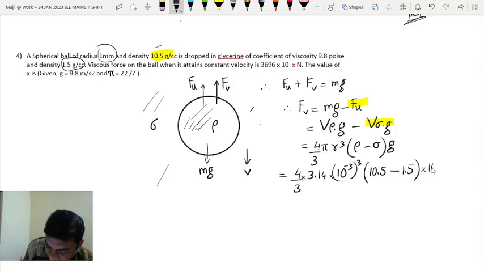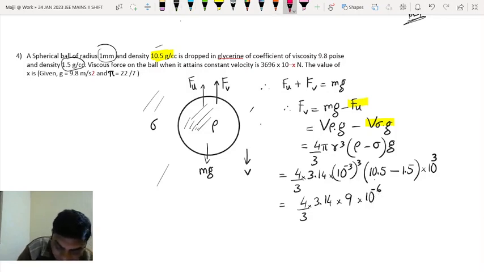Remember, we are proceeding in SI unit, so convert this into kg per meter cube by multiplying by 1000. So this will be 4 by 3 into 3.14 into 10.5 minus 1.5 is 9 into 10 power minus 6.